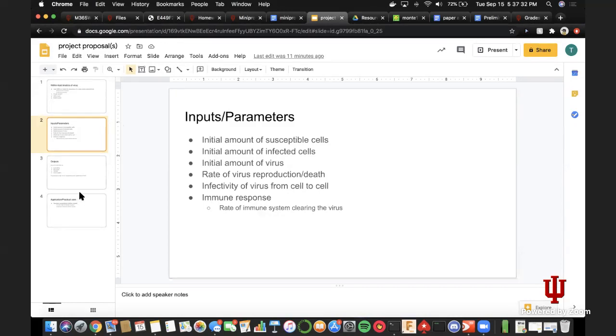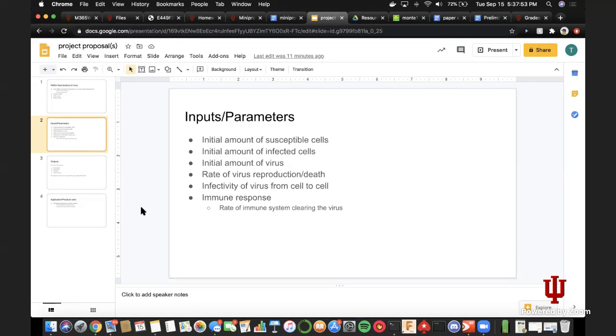Some of the inputs I thought we would need: the initial amounts of cells, free virus, amount of infected cells along the way, as well as the rate of virus production and the infectivity and the probability of one cell infecting another and another.